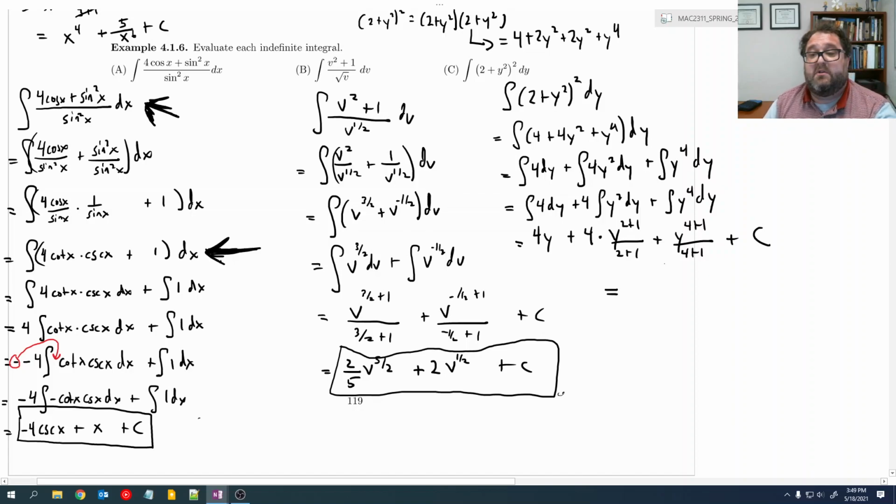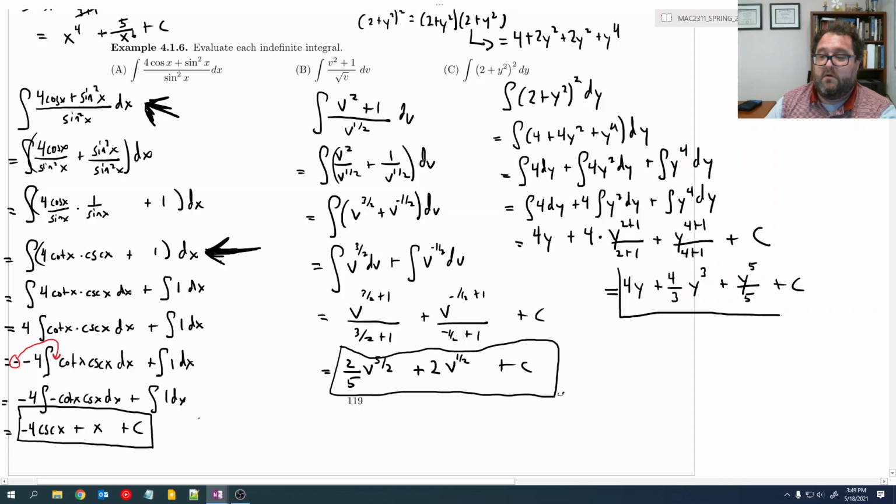And then if we just clean this up a little bit, we get 4y plus 4 divided by 3 times y cubed, plus y raised to the 5th power divided by 5, plus c, and there we are.